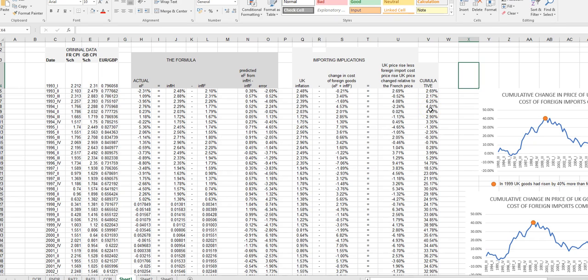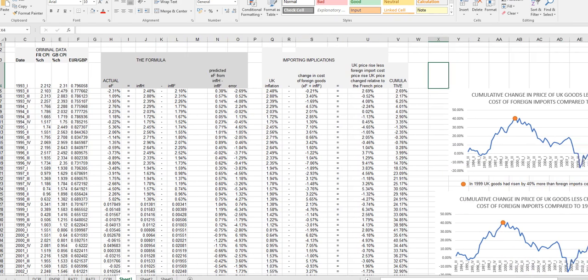Then it dropped a little bit, and by the time it got here, the increase in price 95 to 93 was more or less the same as the UK change in price 95 to 93. So it looks at how these changes accumulate, because clearly there's some offsetting here.